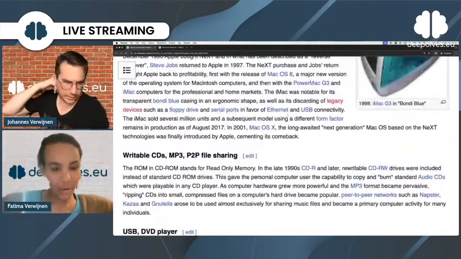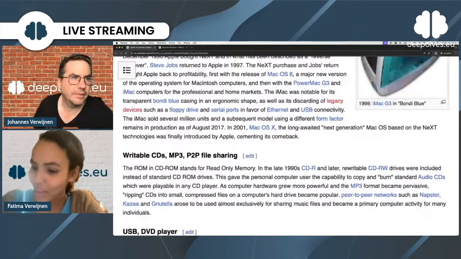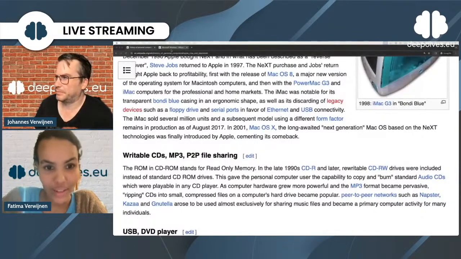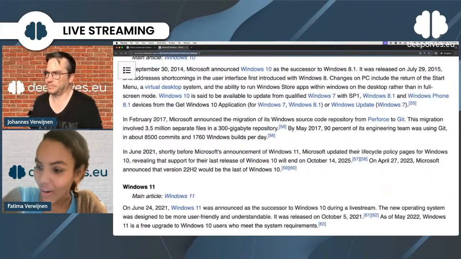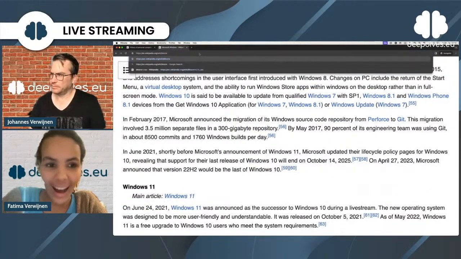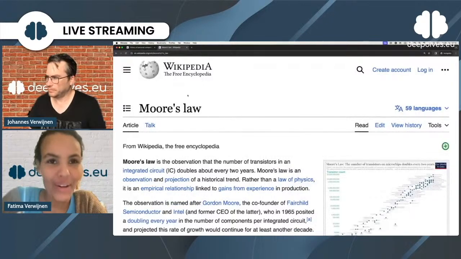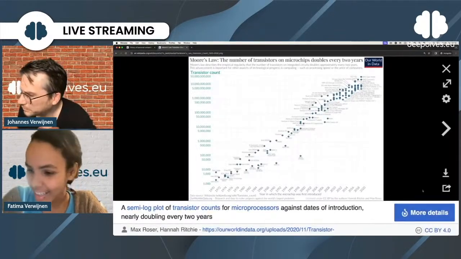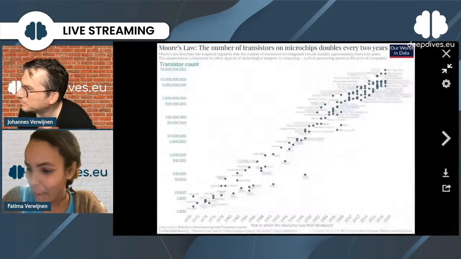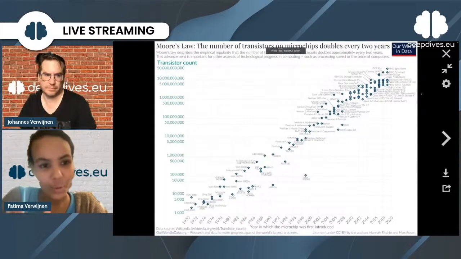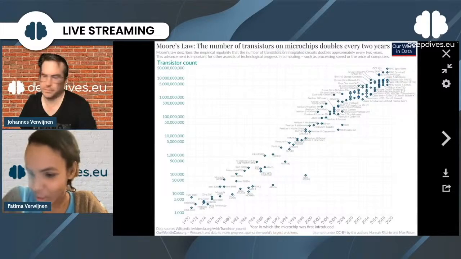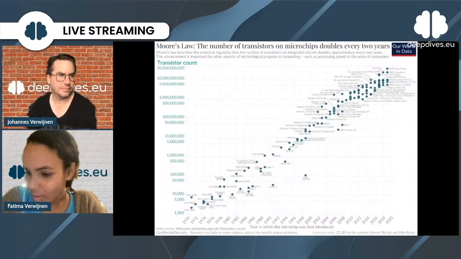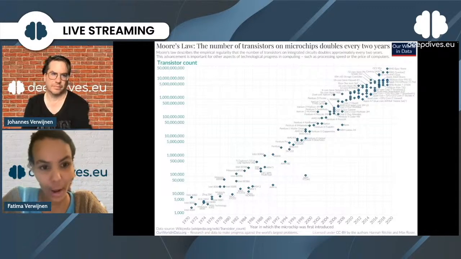And then moving forward to the early 2000s, where the microcomputers of the early 2000s were 180,000 times faster compared to ENIAC, and they had 25,000 times larger memory, on average 1 gigabyte of RAM.